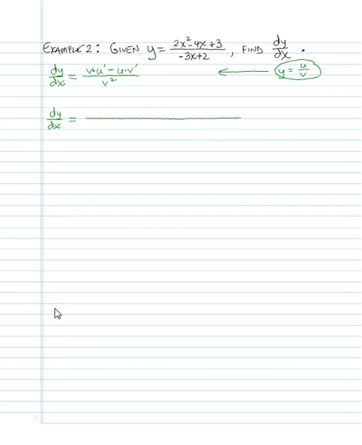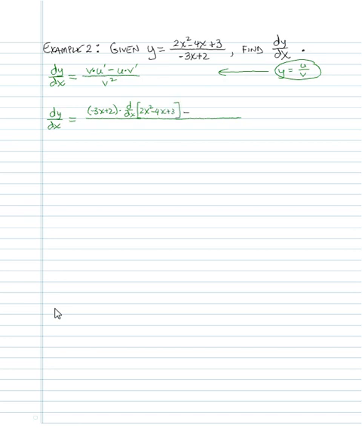We're going to say the denominator, which is negative 3x plus 2, times the derivative of, I'm not trying to calculate, I'm just trying to write, the numerator. And of course the numerator is 2x squared minus 4x plus 3.